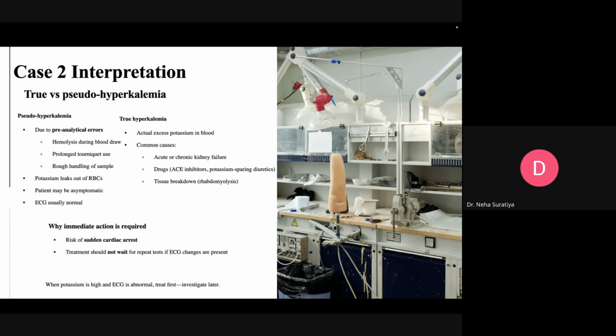But if the opposite scenario is there, you must be thinking of pseudo or true, because error chances are very high. And that's why, to understand this case, I started with these errors. Okay, so you can ask yourself if it is not matching the clinical picture, that yes, this can be the possibility, right?